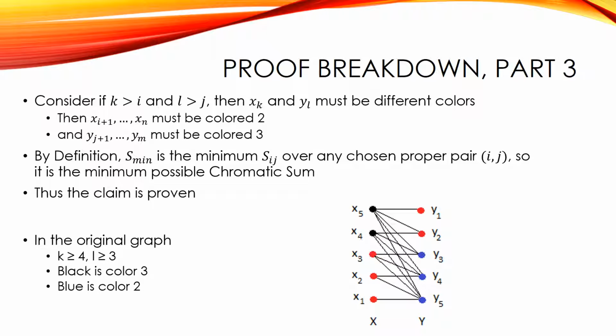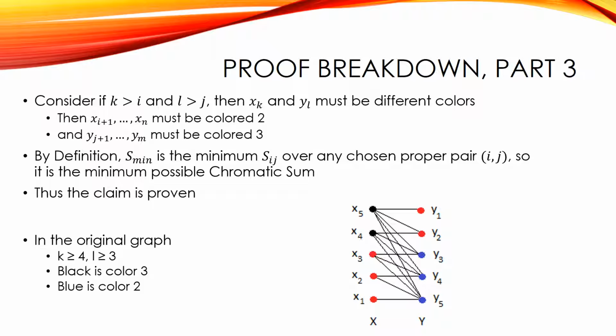And in our original graph, we can see this. K is greater than or equal to 4 because x sub 3 is the maximum subscript of color 1 x's, and y sub 2 is the maximum subscript of color 1 y vertices. So l is going to be any value greater than or equal to 3, and k is any value greater than or equal to 4.